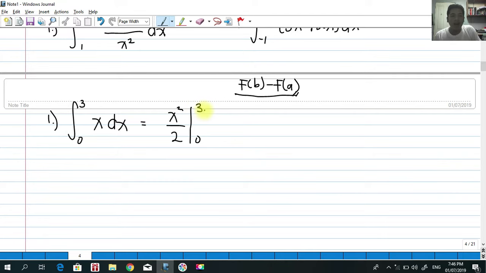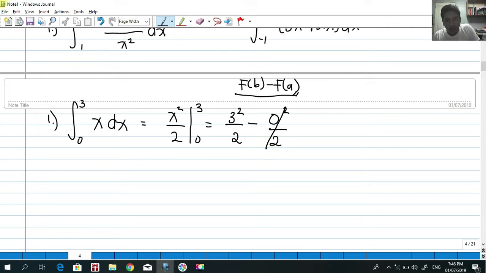In this case, our b is 3 and our a is 0. So simply substitute the value of b, which is 3, into the function, minus f of a, which is 0. So we have 3 squared over 2 minus 0 squared over 2.